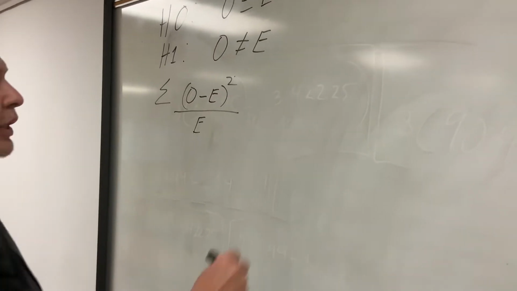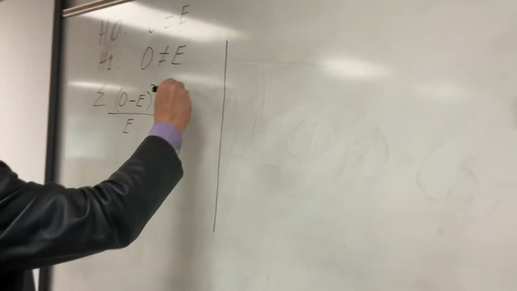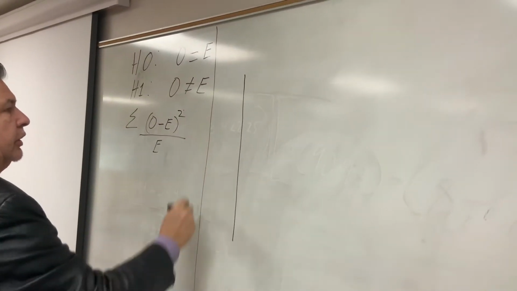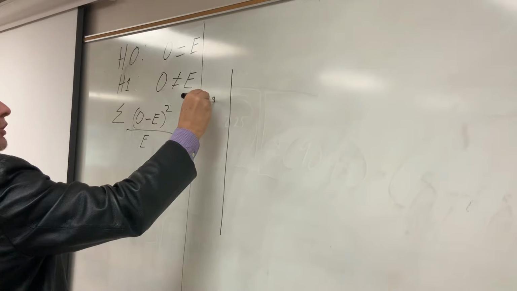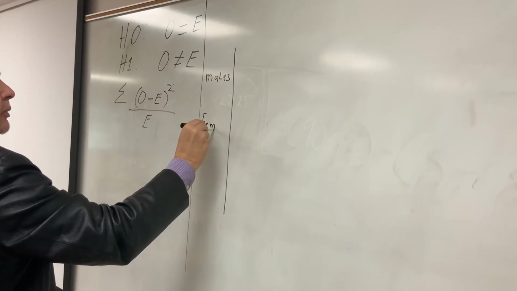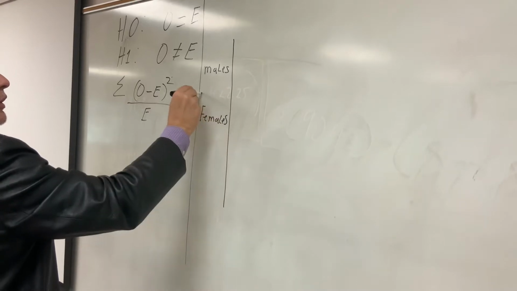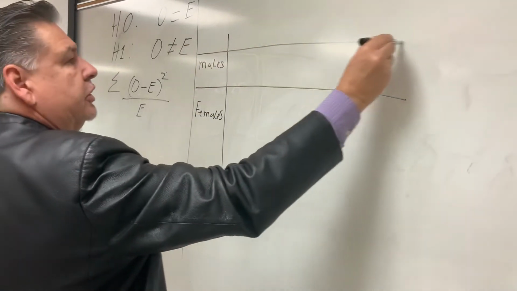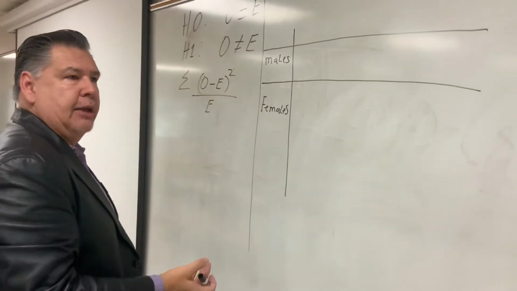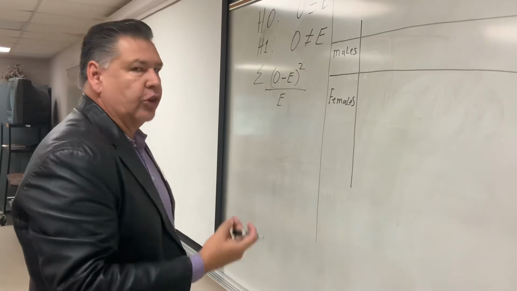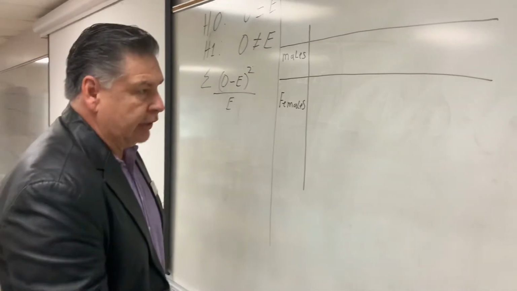And like I said, we're going to have males and females. So they have just watched some aggressive type of video games, and now I want to see if they're going to have aggressive behavior following these.